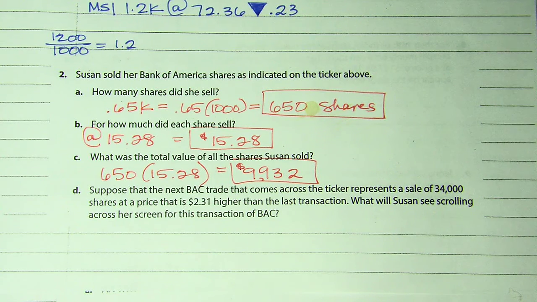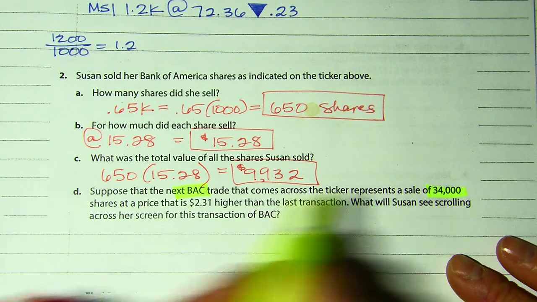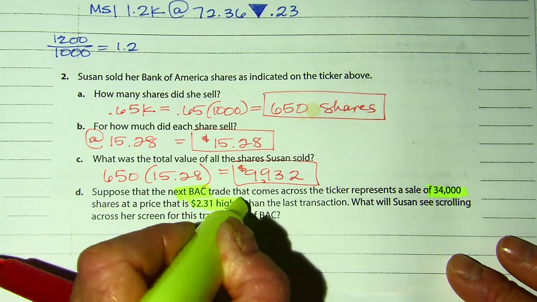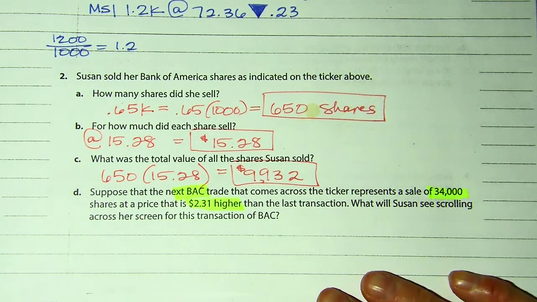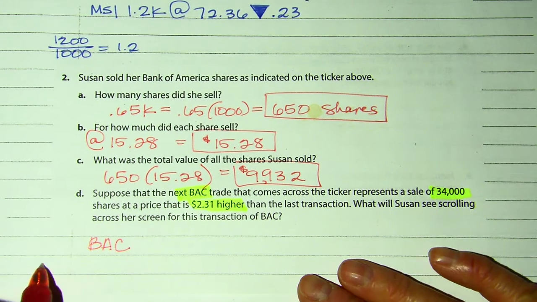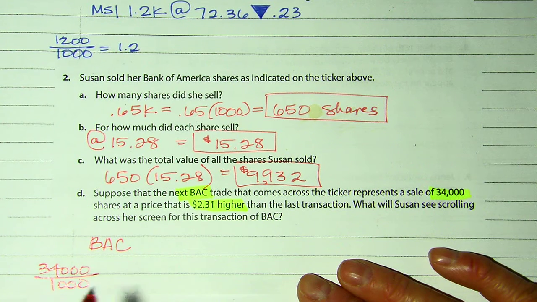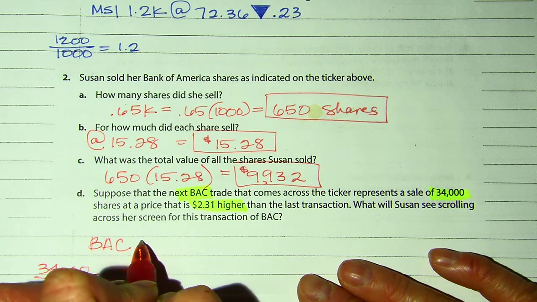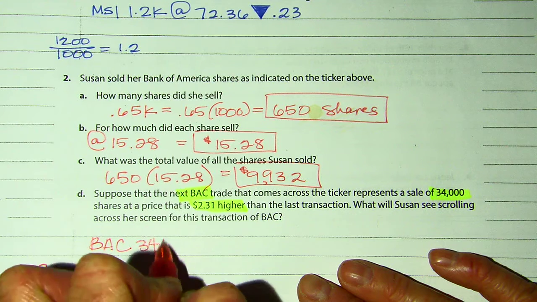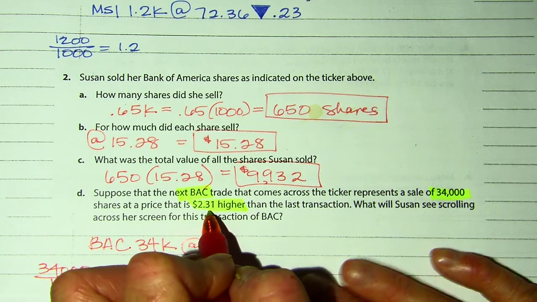So suppose that the next BAC, so there's the letters we're going to use. Here's the number of shares, price higher. So BAC, 34,000. So if you take 34,000 and you divide it by 1,000, you get 34K, because this just equals 34, at 2.31 higher.